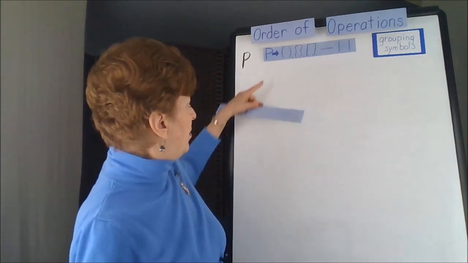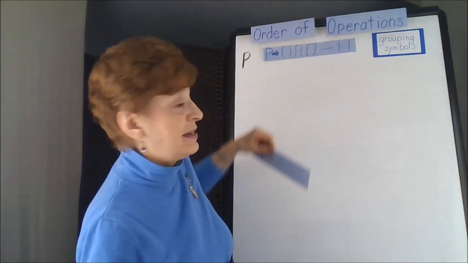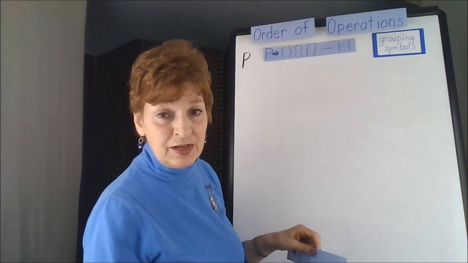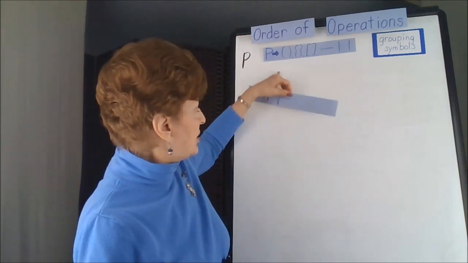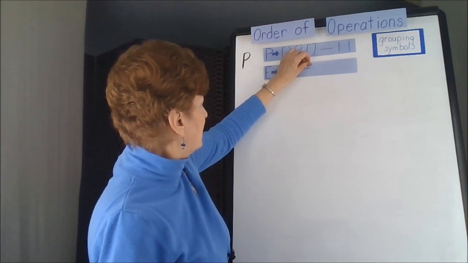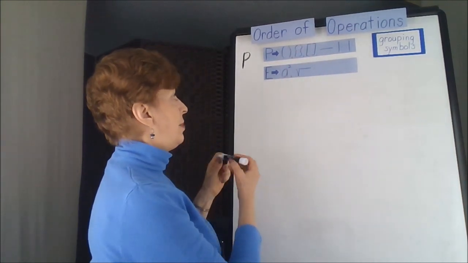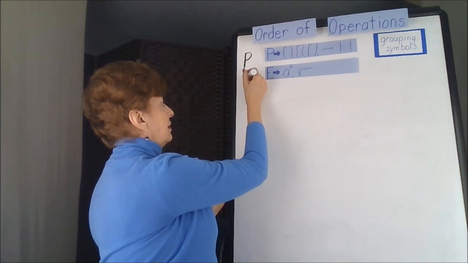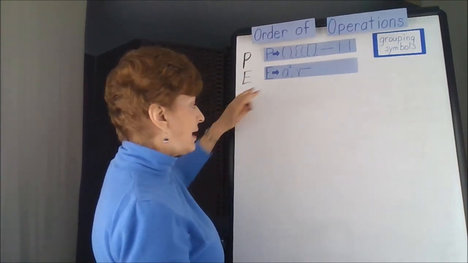If there are no brackets or parentheses or braces in your problem, you can pretty much skip that and go on to the next, which is the E in PEMDAS. And it stands for exponents.